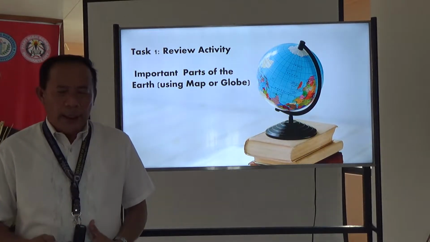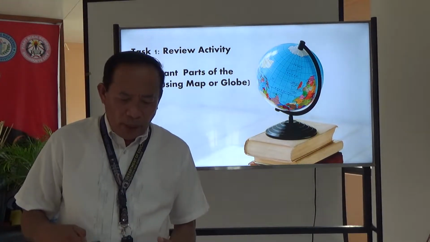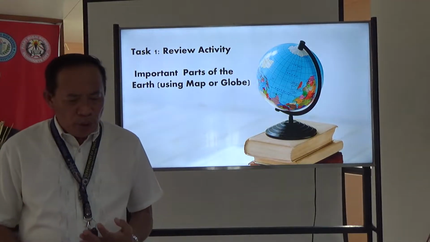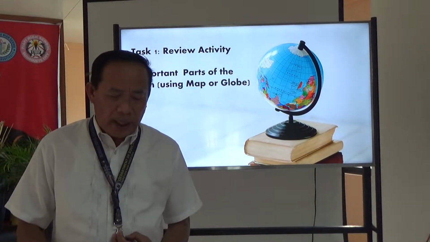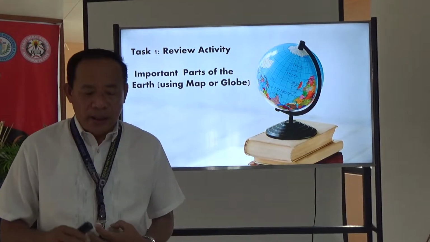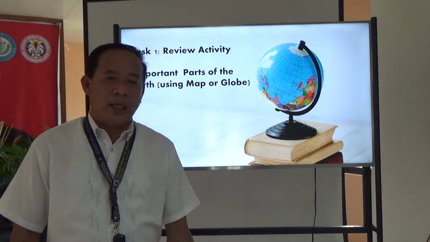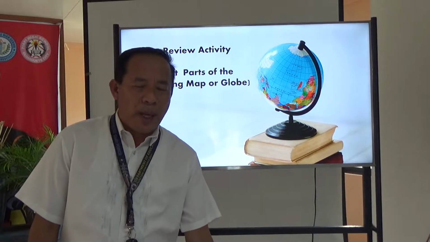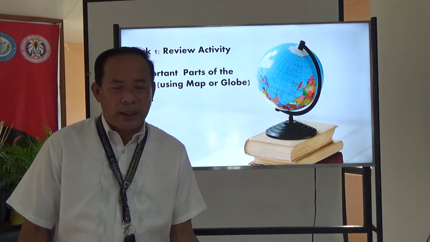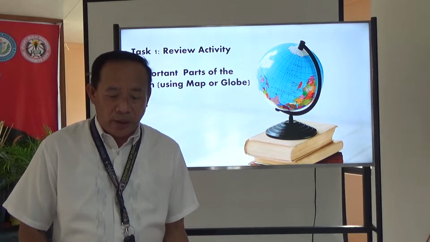Okay? I have a globe here, as you can see here. Our activity is for you to identify or name the parts of the earth using the map or globe. By the way, I would like to give you a copy of the world map and the activity sheets so that all your answers will be reflected on it.